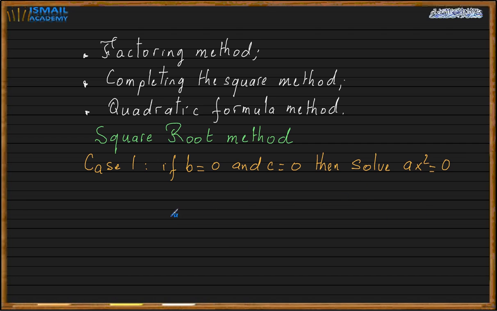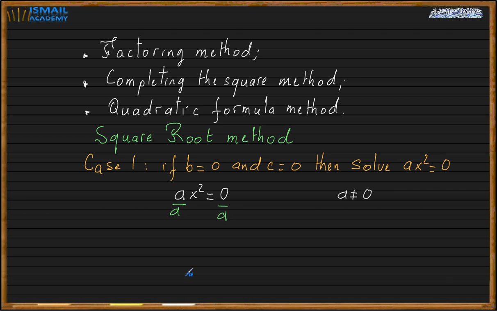So this is the first step we are going to learn: to solve ax squared equals 0. Keep in mind that we already know that a is not 0, which means that we can divide both sides by a.